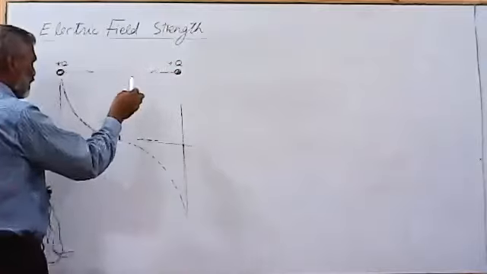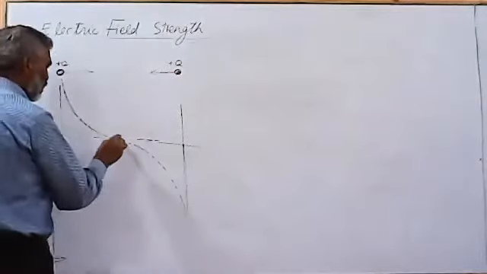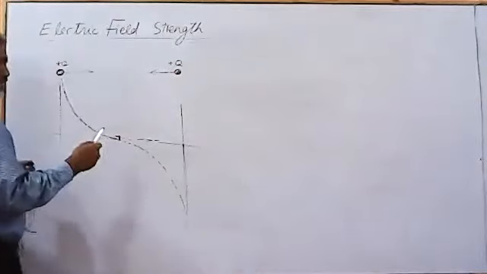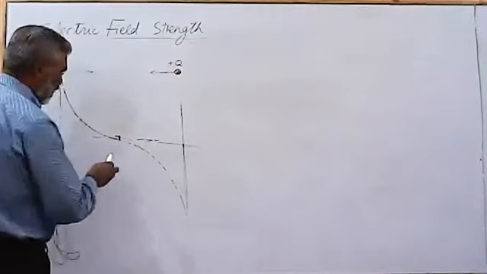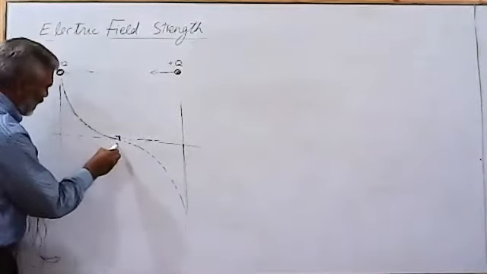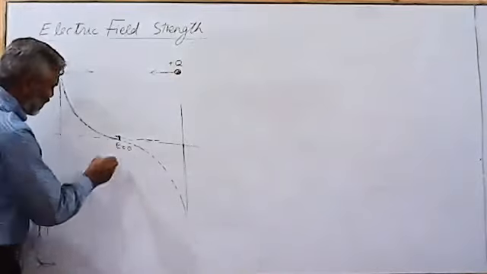I mean electric fields. Electric fields are exactly equal here, opposite in sign because the two are opposite in direction. So they cancel each other. So electric field is exactly 0 here.